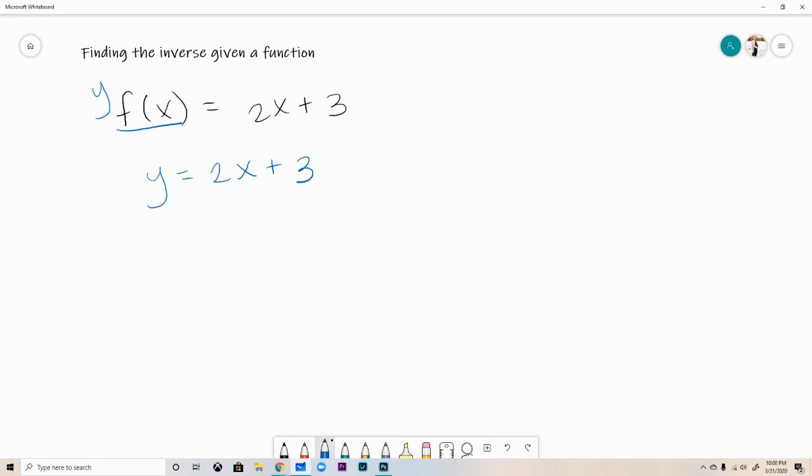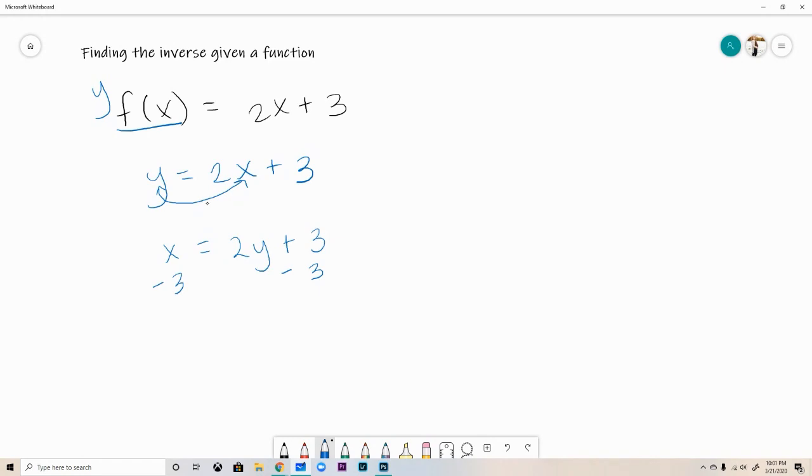Just like we did before, we swap the y and the x, and rewrite it as x equals 2y plus 3. The goal here is to get y by itself, to solve for y. We're going to undo all of these operations. Instead of add 3, we subtract 3.